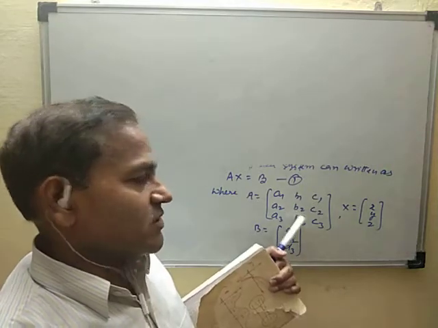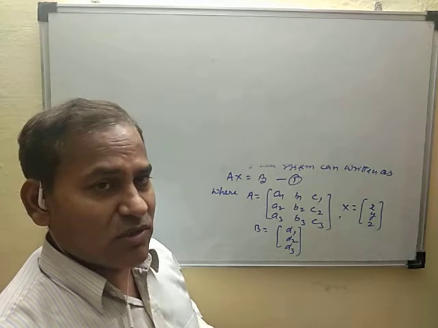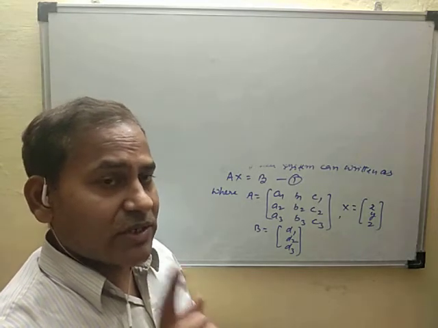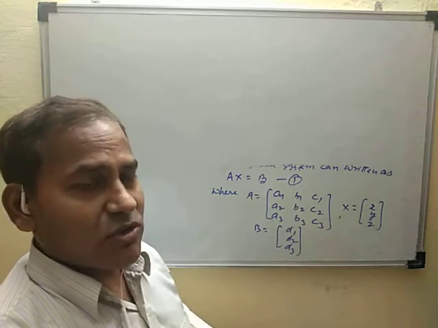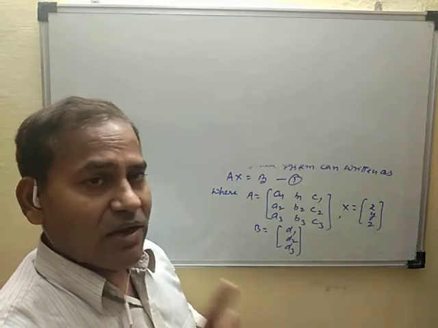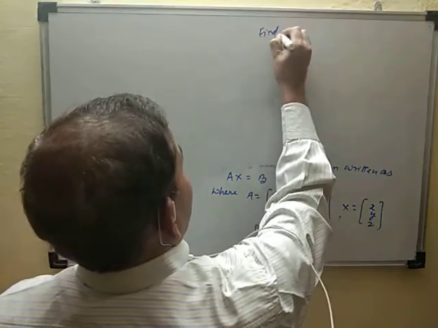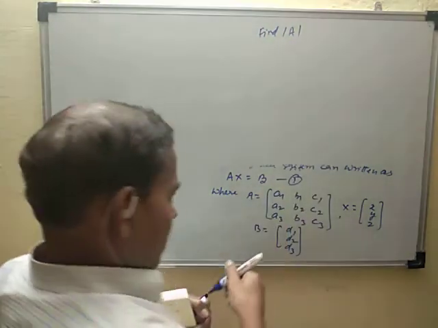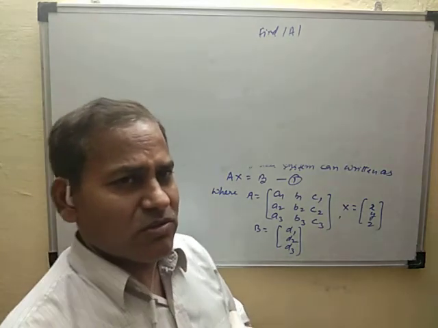If this matrix is singular, singular means determinant value is 0, then inverse does not exist. So first check whether this matrix is singular or non-singular. For this, find its determinant, and see whether the value of determinant of A is 0 or non-zero.